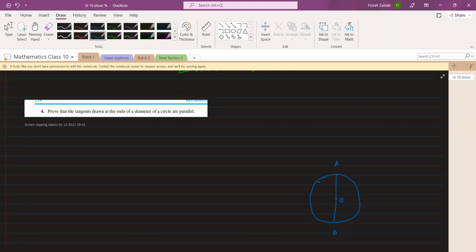You are drawing two tangents here. One tangent is this, another tangent is this. Now you have to show both the tangents are parallel. So give it some name. Let us mark these as PQ and RS.